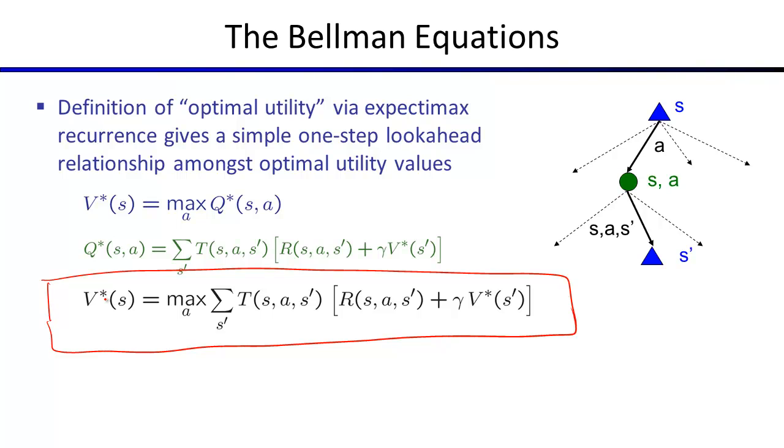It's saying that the value of a state S is equal to, and then here we max over all possible actions that we have in state S, and we max over these values here, which are Q values, and they are computed by averaging over possible next states when taking that action A of the reward you get instantaneously, plus then a discount factor gamma times the expected discounted rewards from state S prime onwards if you were to act optimally.